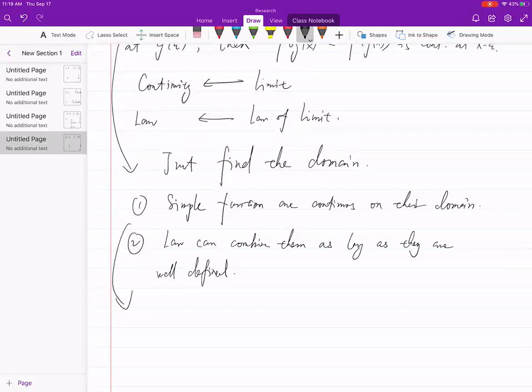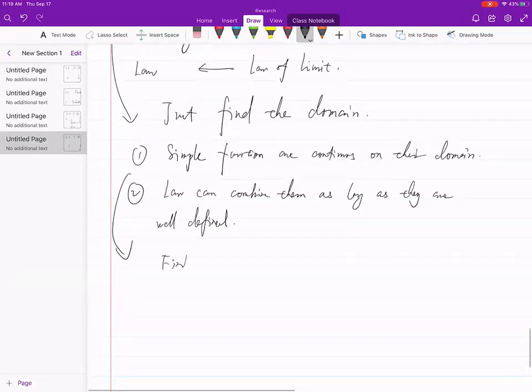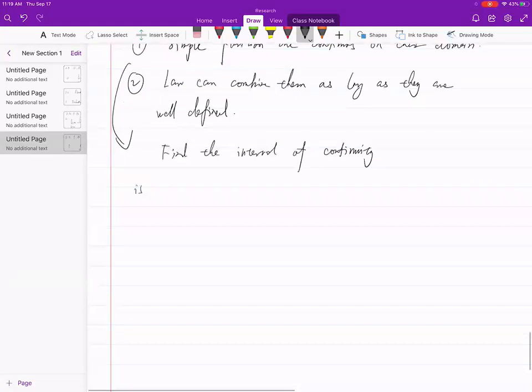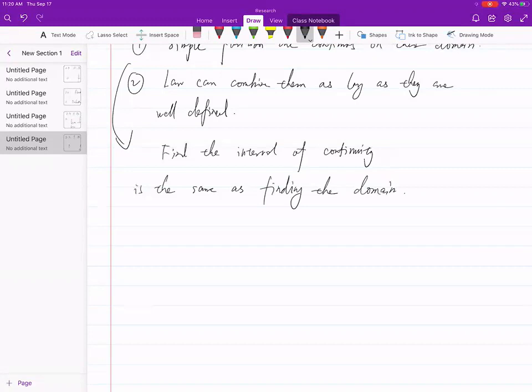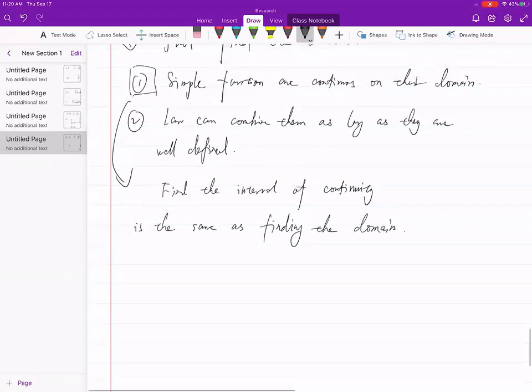Together, it just tells you a simple fact: finding the interval of continuity is the same as finding the domain. Because once you find the domain, they're continuous on their domain according to factor 1. Sounds good?